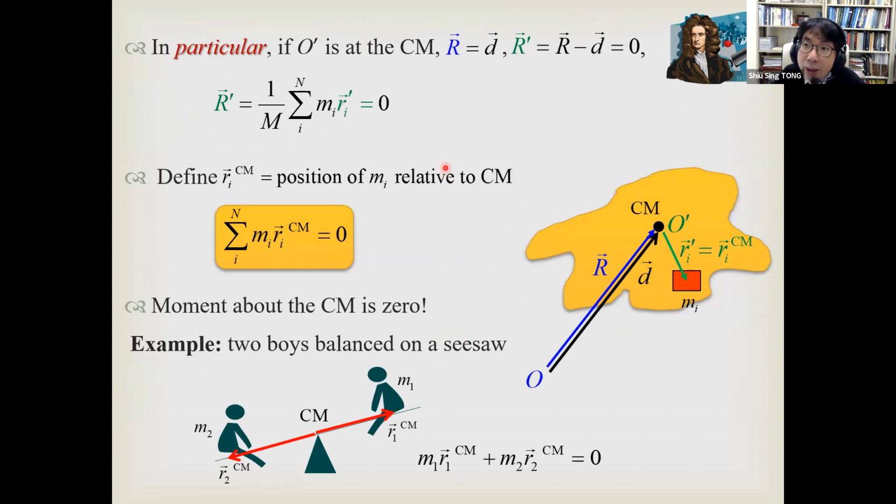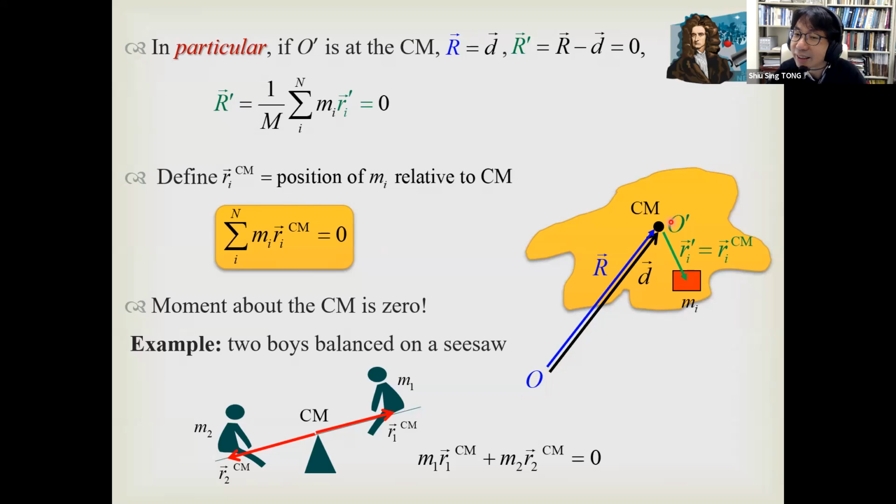Now, in particular, if we like, we can choose the new coordinate origin O prime to be exactly at the position of the center of mass. And in that case, R prime is of course 0, right? In that case, R is equal to D, right? Because D is a vector that points from the old origin to the new origin.